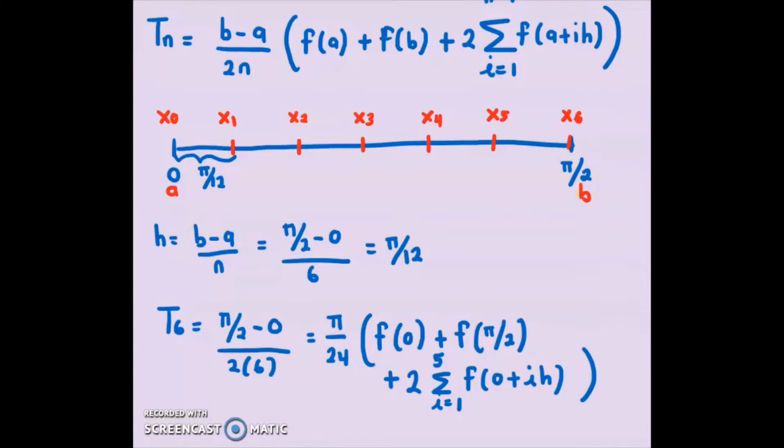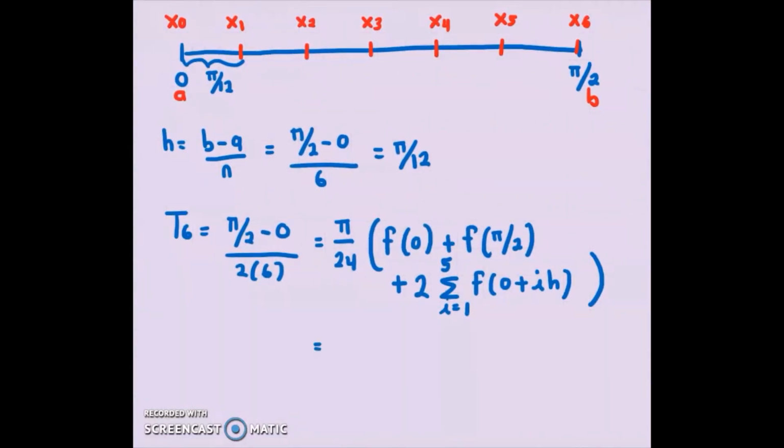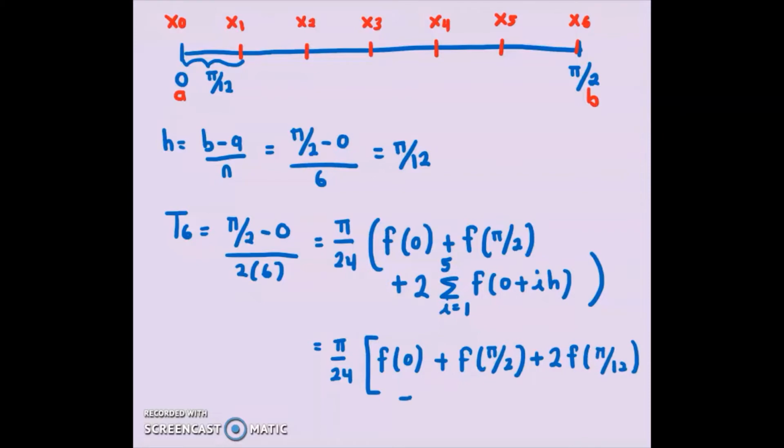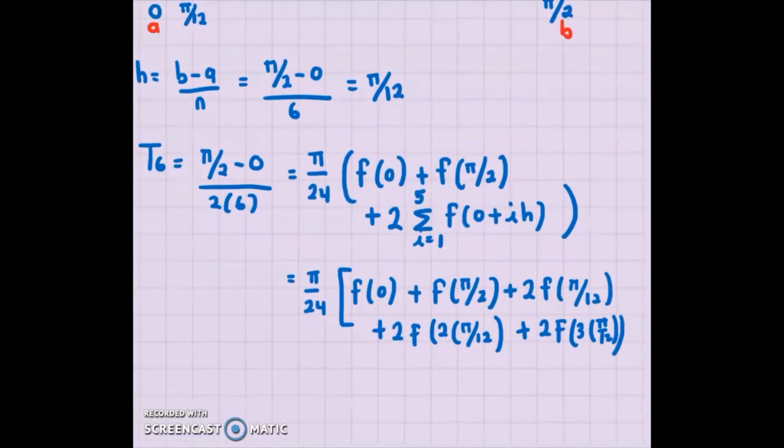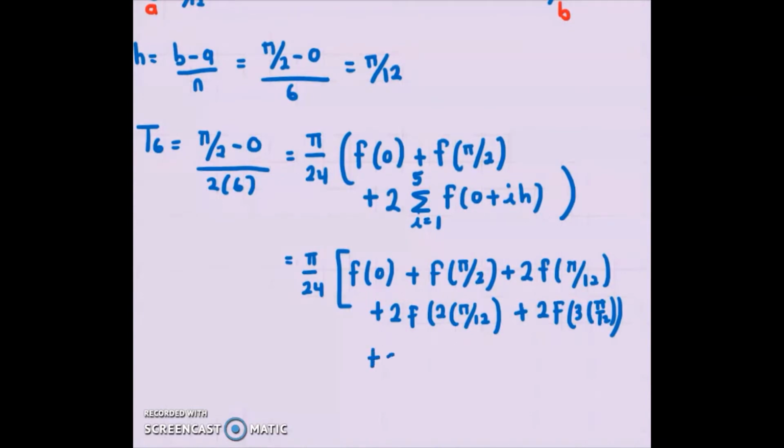Okay, so let's simplify this. We have pi over 24 times f of 0 plus f of pi over 2, plus 2 times f, when i is 1, my h is pi over 12, plus 2 times f, when i is 2, 2 times pi over 12, plus 2 times f, 3 times pi over 12, plus 2 times f, 4 times pi over 12.